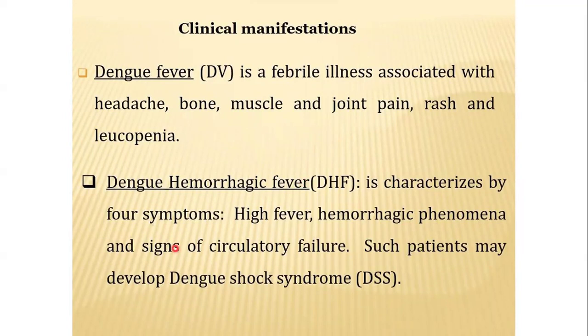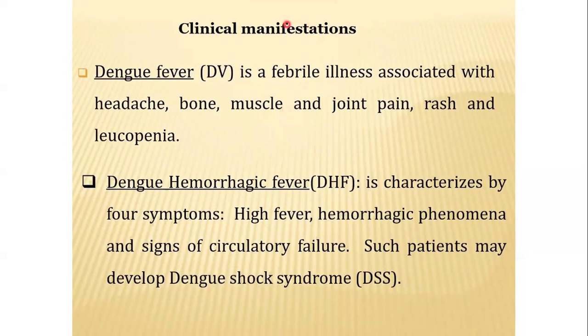So what do you mean by signs of circulatory failure? This is someone who is having circulatory overload. Basically in dengue, there is a reaction that occurs when there is viremia.